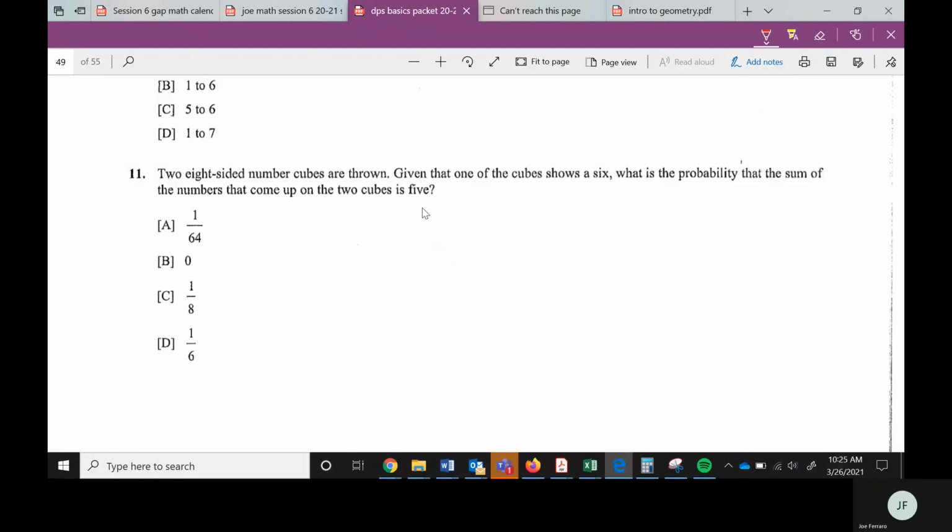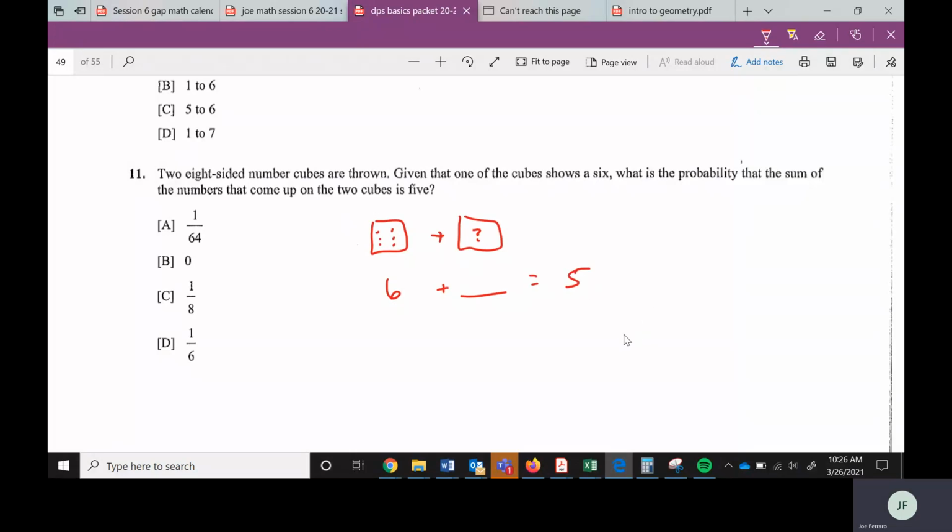Okay, so the first one we get a 6. Now we've got to know what we are going to get on this one, and we want it to equal a 5.